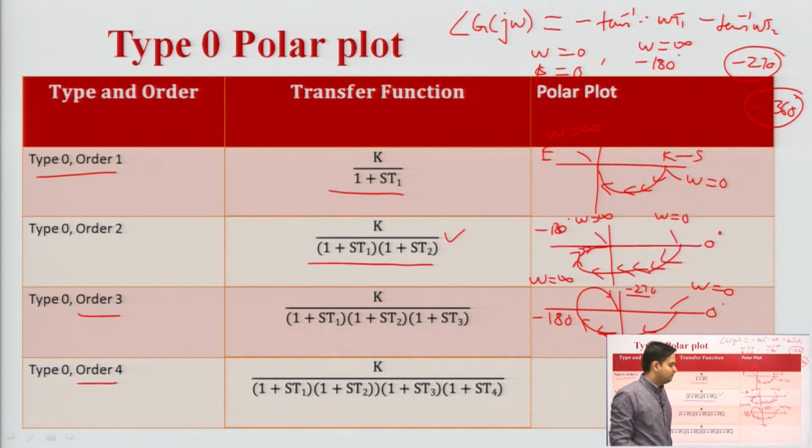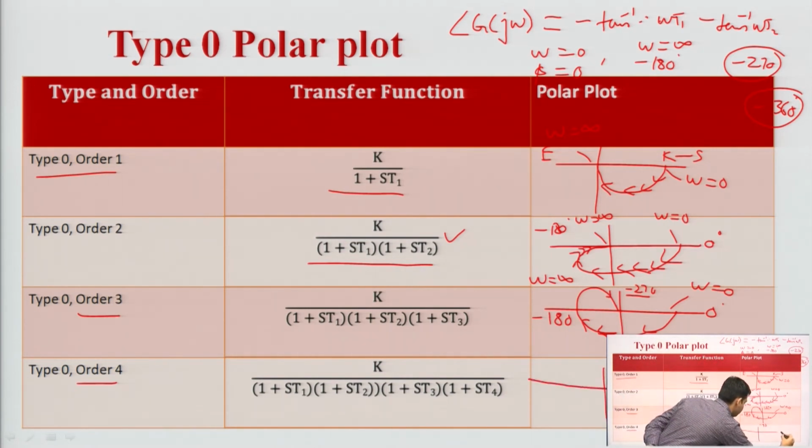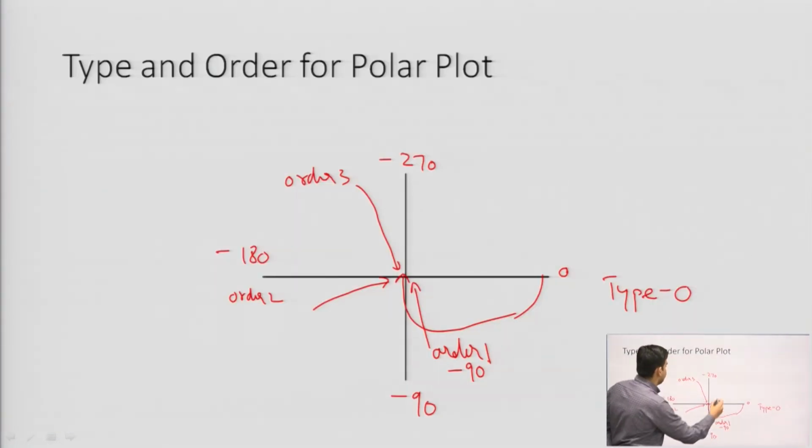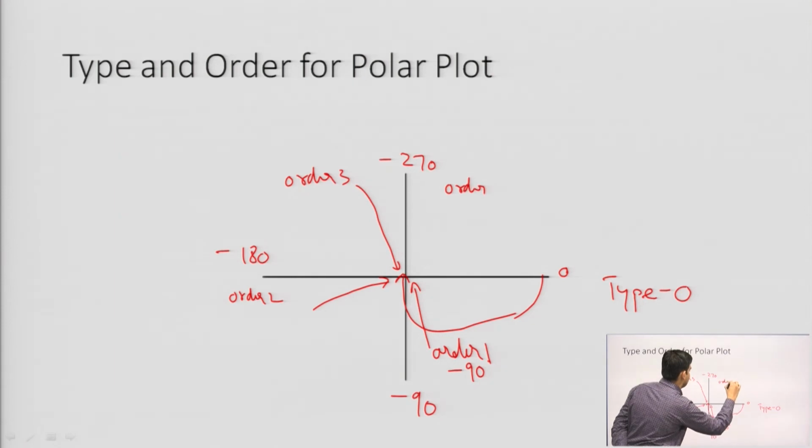Our polar plot starts from 0 degree and terminates at minus 360. Here omega is equal to 0 and at the origin my omega would be infinity. So, this is the termination for order 4. We can say order 4 of a type 0 system will terminate along the direction of minus 360 or 0 degree. This is for type 0 system.